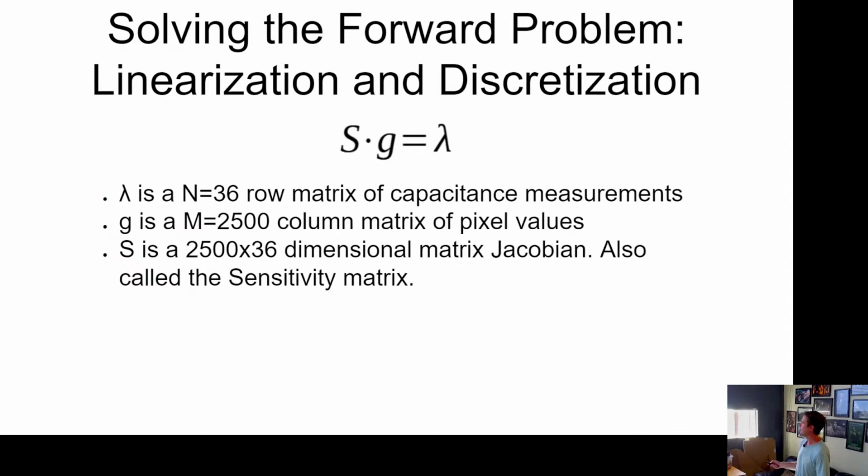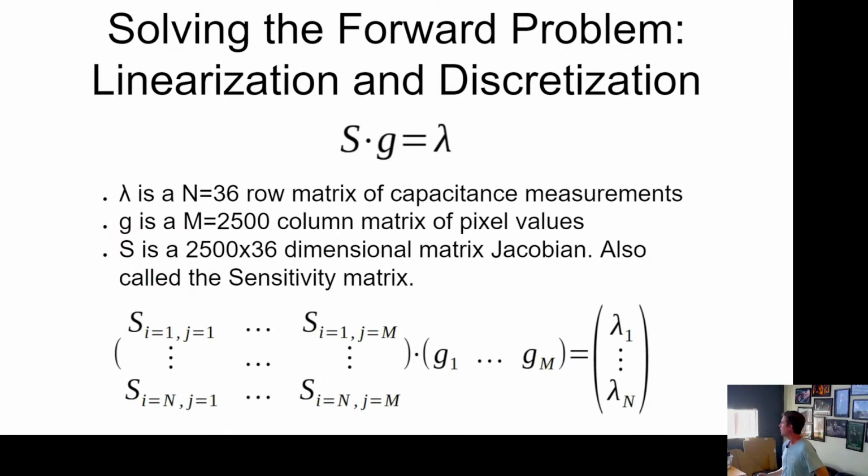So it's an m by n dimensional matrix, and this is basically like a relational matrix which allows you to convert between the two. And S is what we're trying to find. So we have lambda, we have G, and in order to solve the forward problem, you have to find S. So in kind of simplified matrix form, this is what the equation looks like.